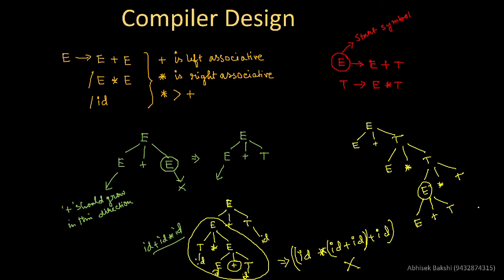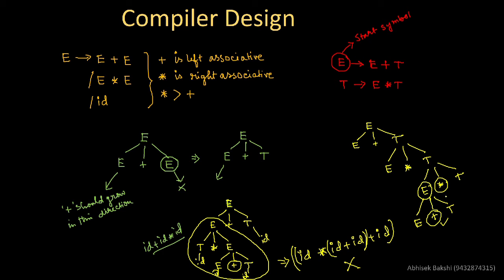Now the problem is that since the plus is in the higher level, if you compare this plus with this star, this plus will act first because it is in the higher level. So naturally the rule of precedence is violated because of this situation, right?